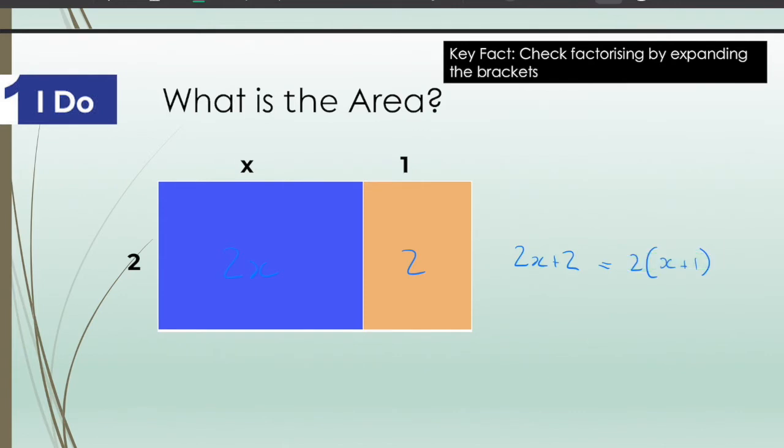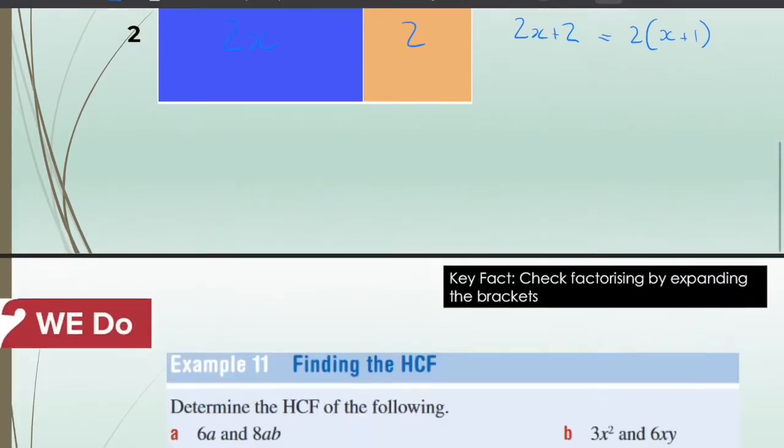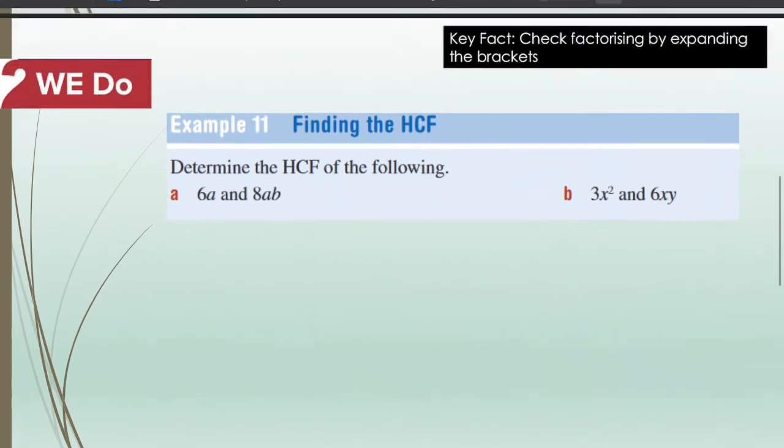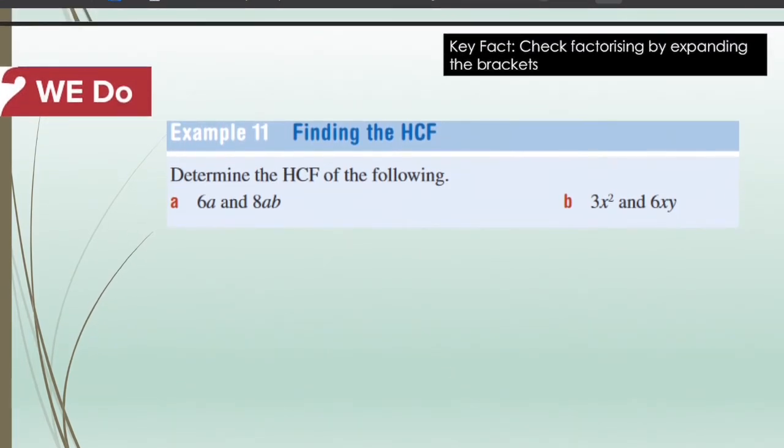What we're going to be doing in this lesson is actually going the other way. We're going to start from this side of the expression, and we're going to go to this side. And the key thing we need to be able to do that is find the highest common factor, find what is common between our two terms.